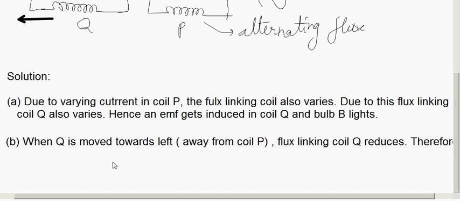Therefore, the induced EMF reduces, and hence the induced current. Flux linking coil Q reduces.